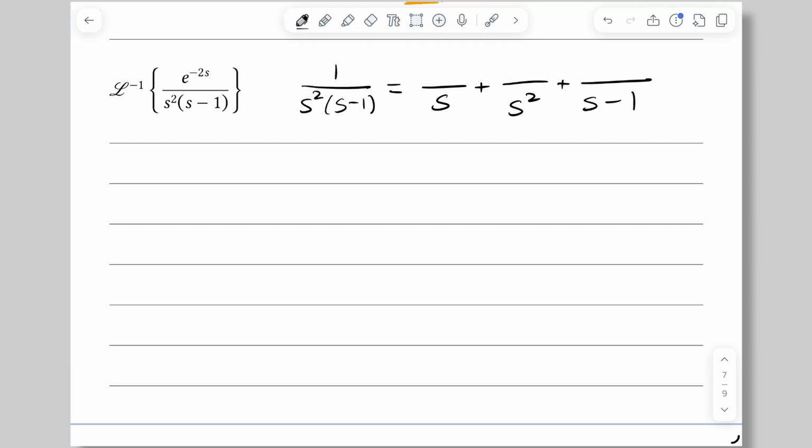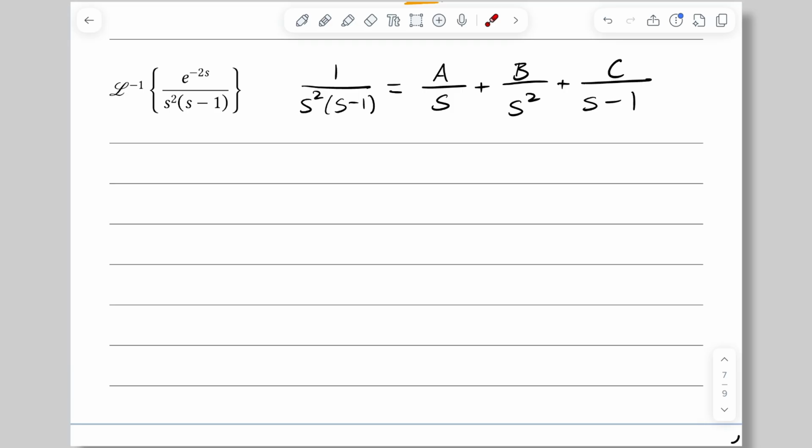We have three fractions. Denominators are s, s squared, and s minus 1. Since they are all linear bases, even the s squared has a linear base, right? It's s with an exponent of 2. That means that our numerators are going to be constant. So we have A over s, B over s squared, and C over s minus 1.